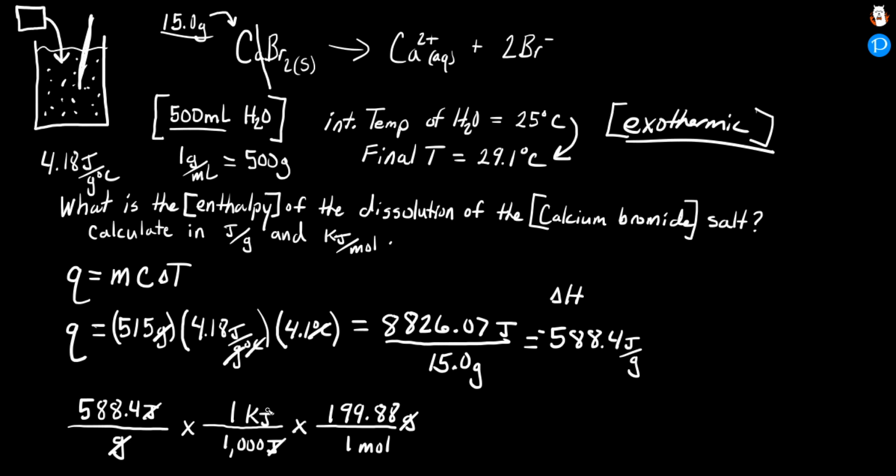And so I'm left with kilojoules per mole when I do the math. So let's see, when I punch this in, let me see what I get here. 588.4 divided by 1,000 times 199.88, and I get 117.6 kilojoules per mole.